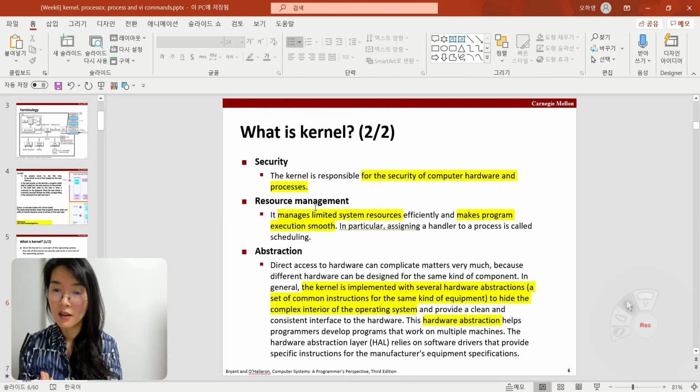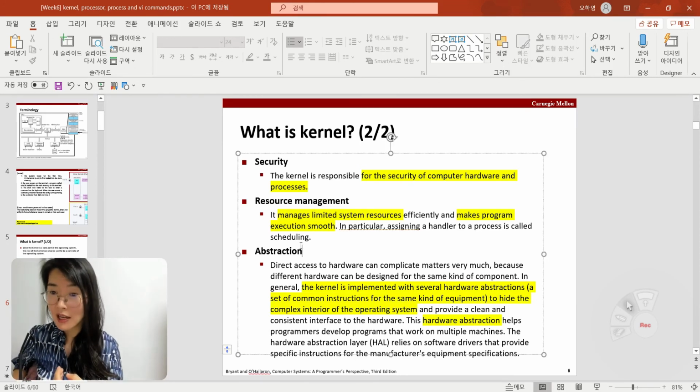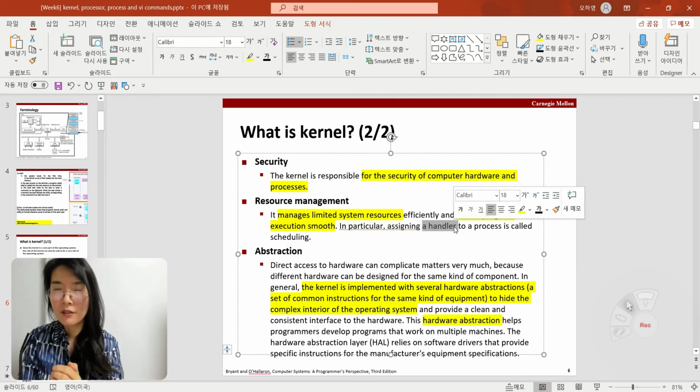All right. So maybe with the technical terminologies such as the scheduling and the handler, the kernel can cooperate with the hardware with the promise or appointments, the handler and scheduling. All right.